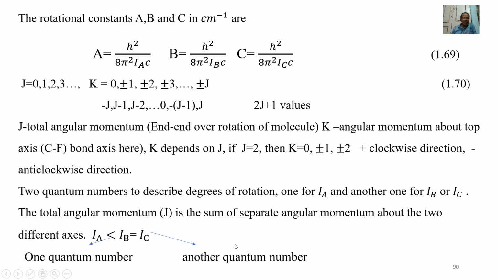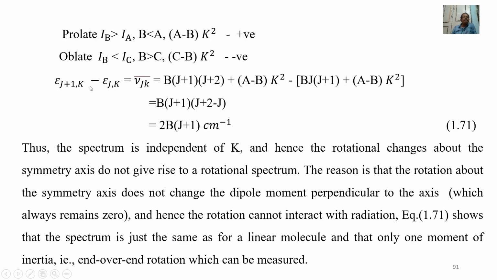For prolate, the condition is IB is greater than IA and B is less than A, and A minus B times K squared will always have a positive value. In the oblate case, IB is less than IC, so B is greater than C, C minus B times K squared, and this will have a negative value.